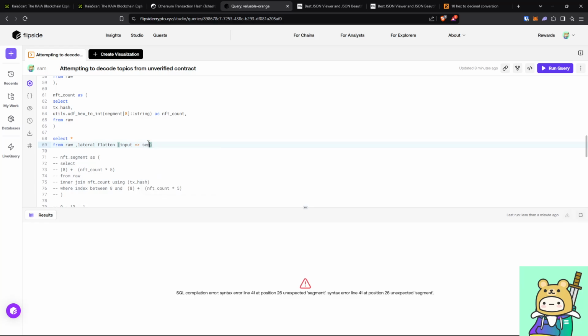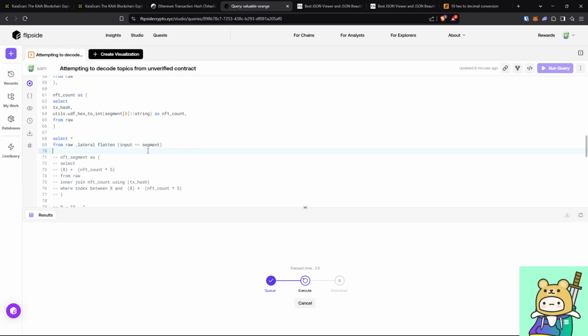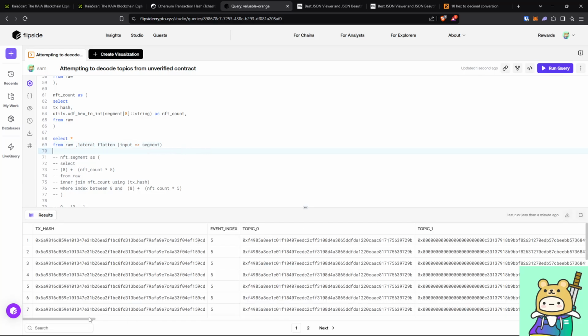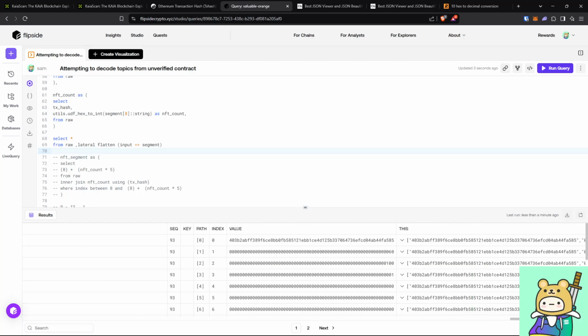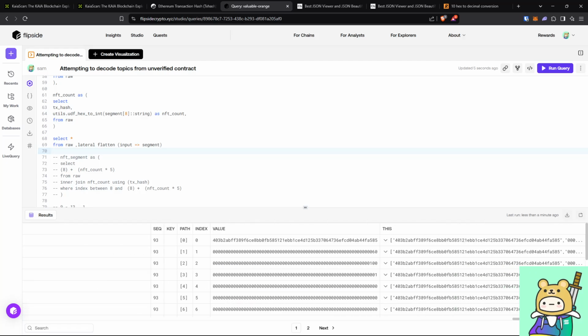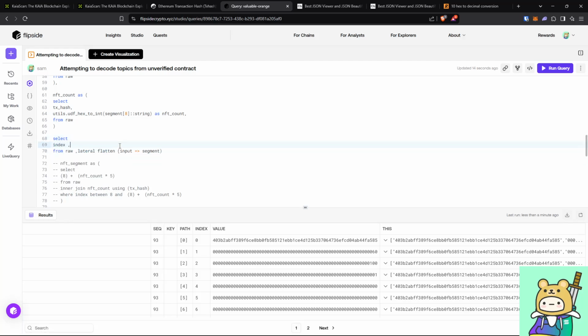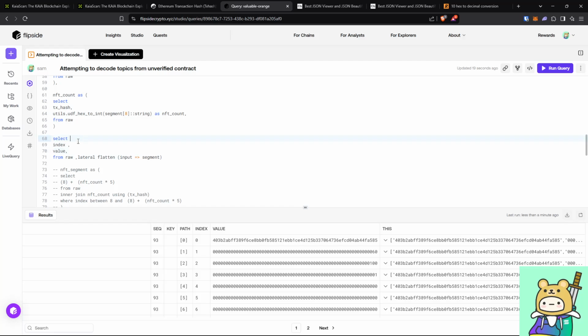Like this. The table. Okay. Yeah. Okay, I think that's what I need, right? I need the index, I need the value, and first I need the transaction.